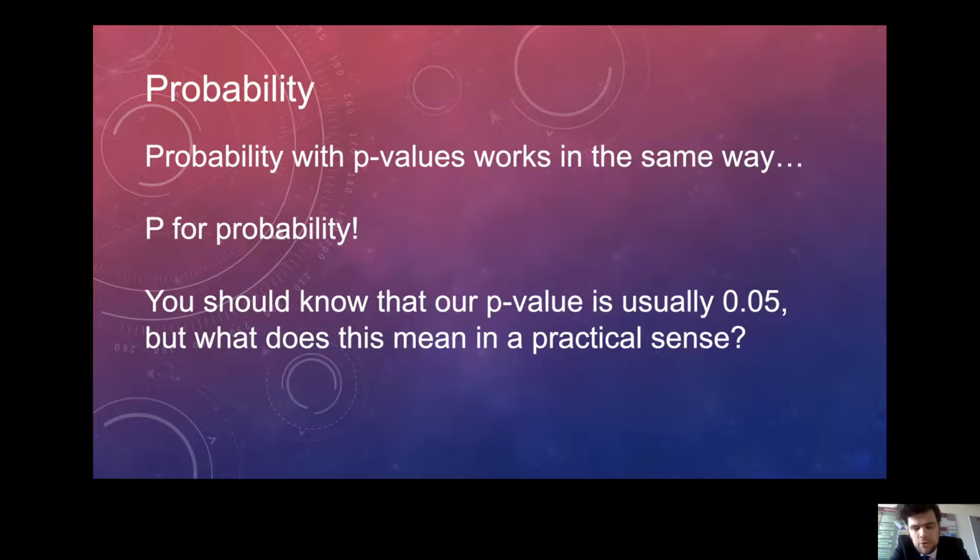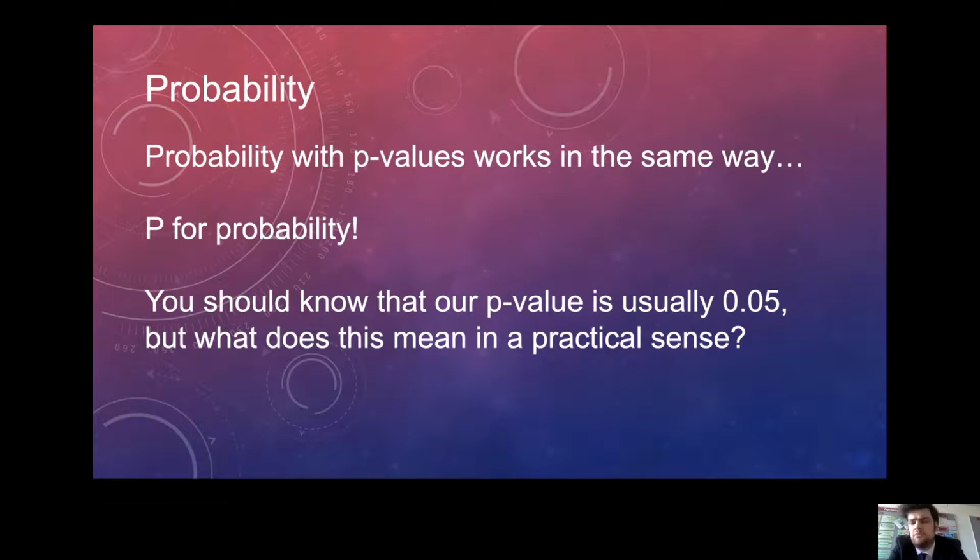But you'll know from your course that the p-value is typically set at 0.05. It can be set at a lower value, very rarely at a higher value. Could be set lower at 0.01 or 0.001.